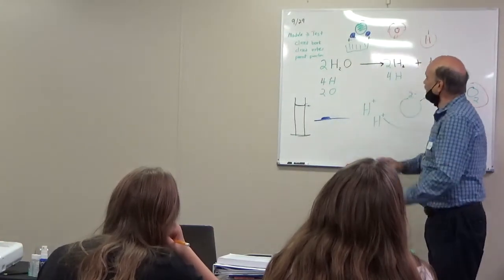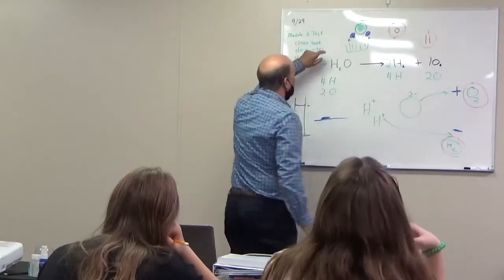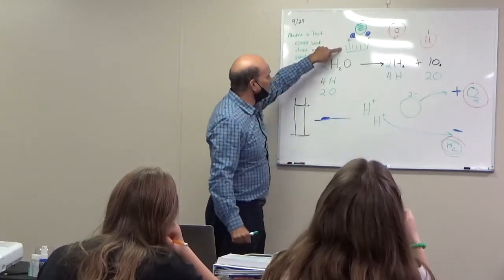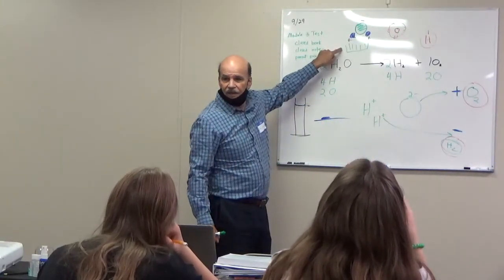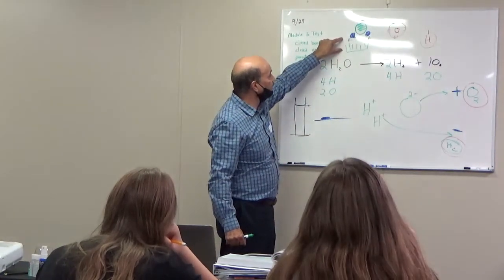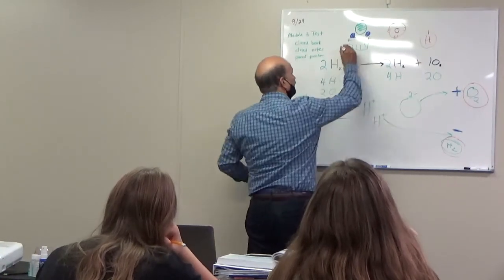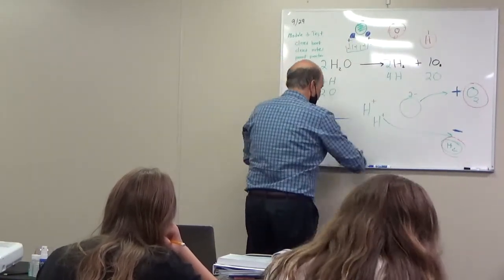Now, interesting. The closer you are, the stronger the attraction. So the positive and the negative end, which one's going to be closer to the comb? Positive. So there's a stronger positive attraction to the comb, which is negative. This comb has lots of free electrons, so it's got a negative charge.